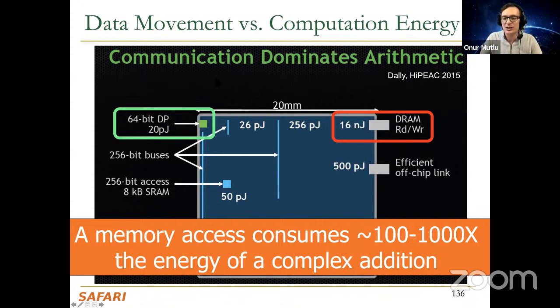And let me give you a historical perspective very quickly. If you go back 70, 80 years ago, and look at the relative energy cost of these two operations, you would see a completely different picture. That picture would show you that the addition or floating point operation at that time is about 2 orders of magnitude more costly in terms of energy than a DRAM memory read or write.